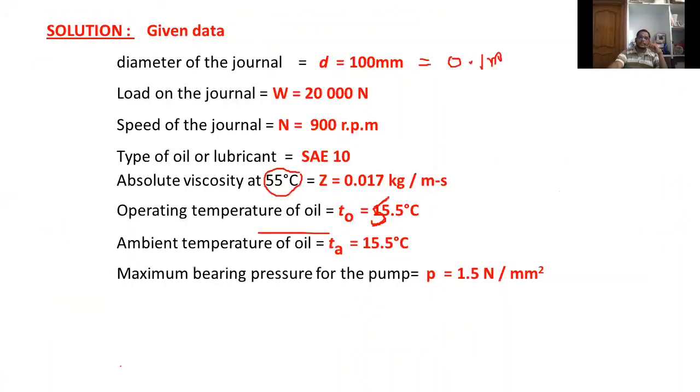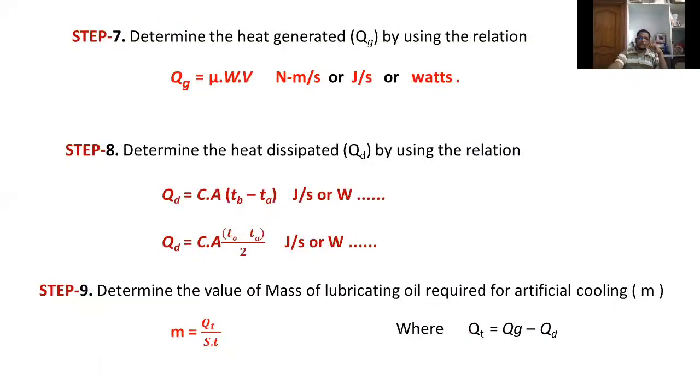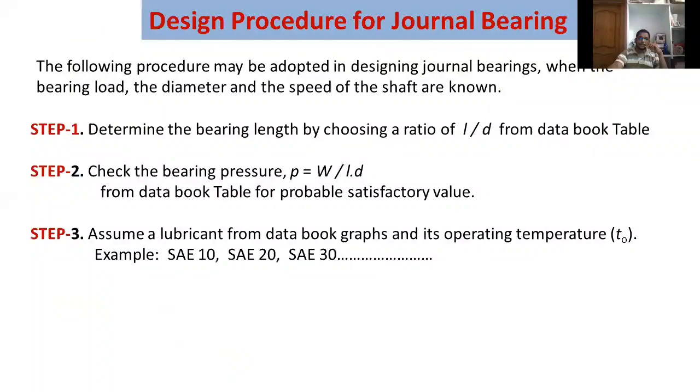Once again I repeat the design procedure of journal bearing. In the first step, you have to consider the value of L by D ratio from the data handbook.